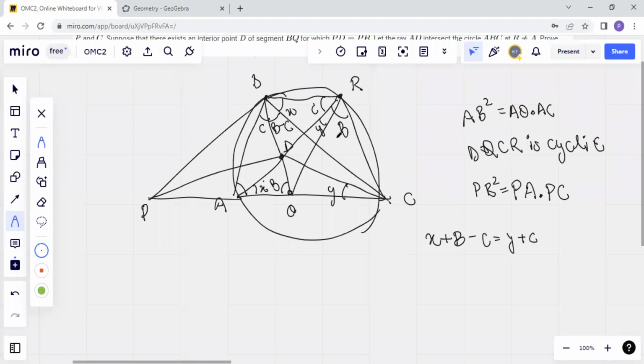Also PBA, we have PBA is equal to C. So if this angle is C, PDB should be 2C. Yeah, that's correct. This angle is 2C.